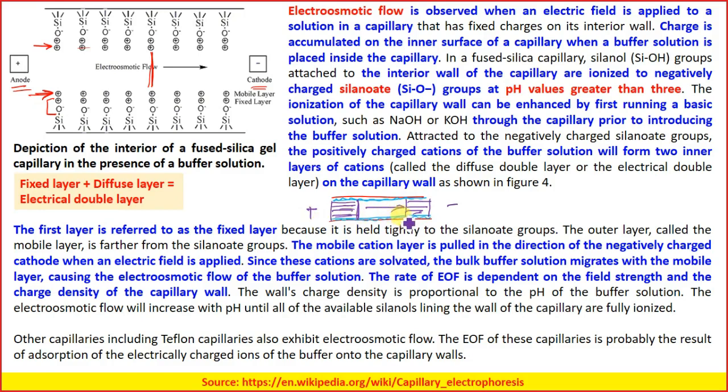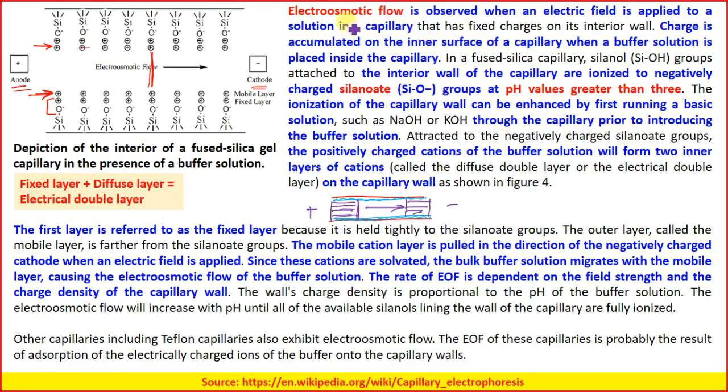So there is an active movement of the buffer from the anode towards the cathode. Are you getting my point? So in this way there is the movement of this one, and apart from that there is also the electroosmotic flow.